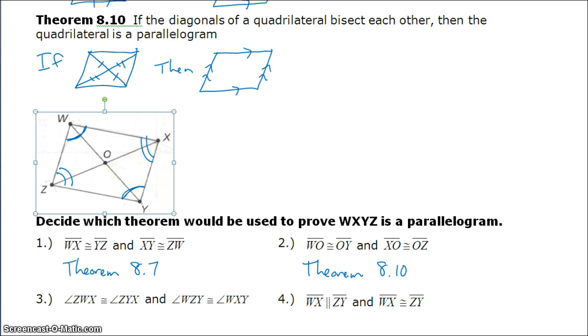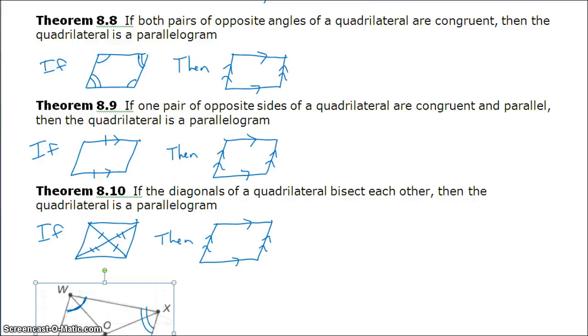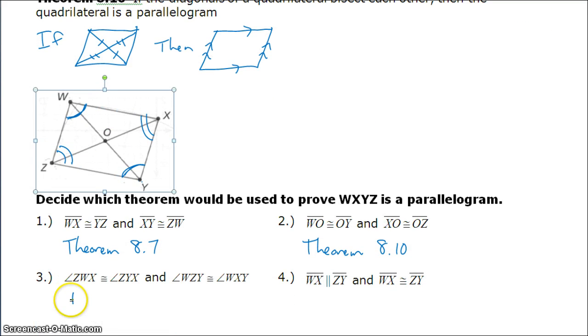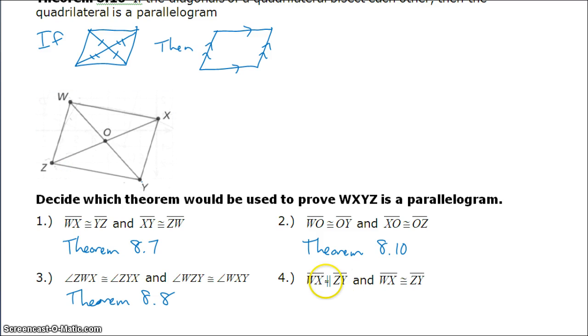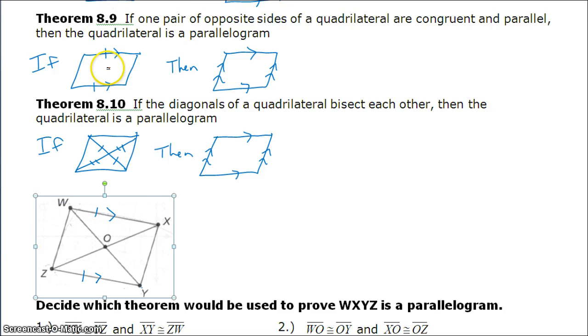Then that's enough to prove that we have a parallelogram by Theorem 8.8. And finally, if we know that WX is parallel to ZY and WX is congruent to ZY, then that's enough to prove that we have a parallelogram by Theorem 8.9.